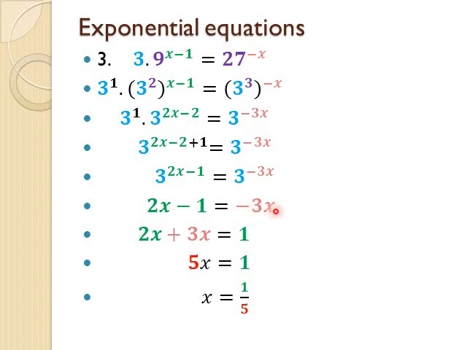If I take the 3x or transpose it across the equal sign, negative becomes positive 3x and minus 1 becomes plus 1. 2x plus 3x equal 5. Wait, 5x equal 1, and remember the objective is to solve for x, so we have to divide by the coefficient there, so that simply becomes 1 over 5.